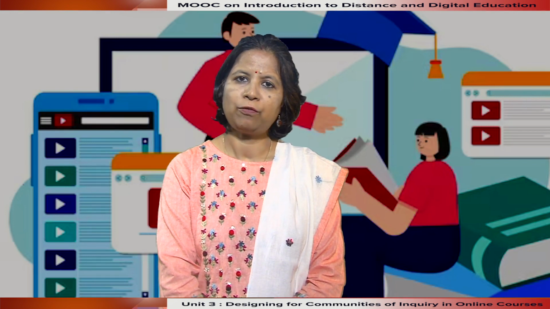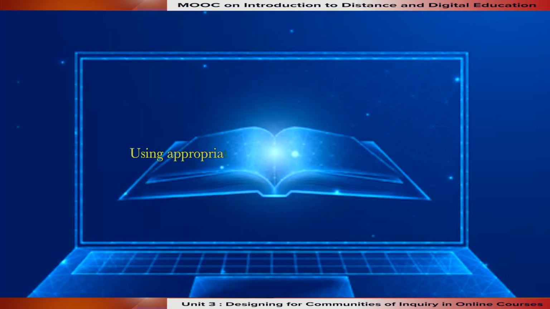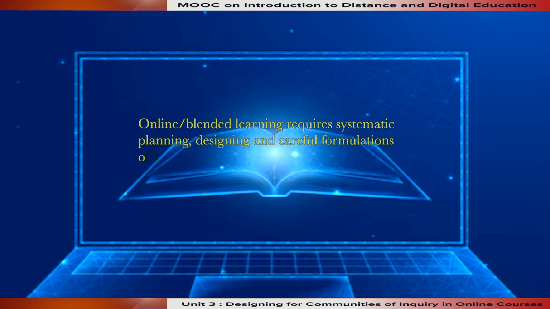So, if we look at using the appropriate pedagogy for ensuring an effective learning process, then online and blended learning requires systematic planning, designing, and careful formulation of the aims and objectives of education so as to create an effective learning ecosystem.